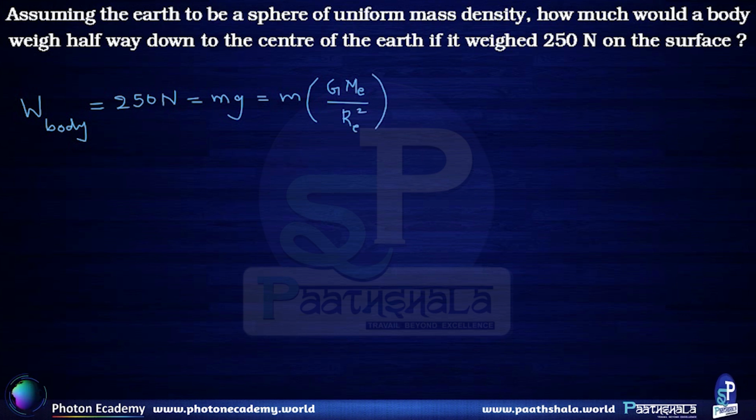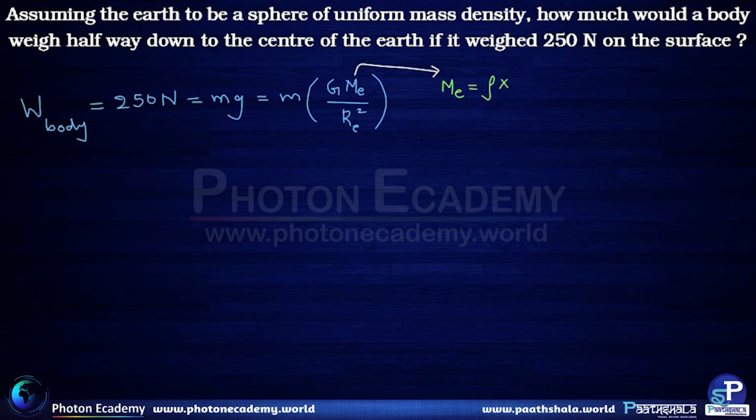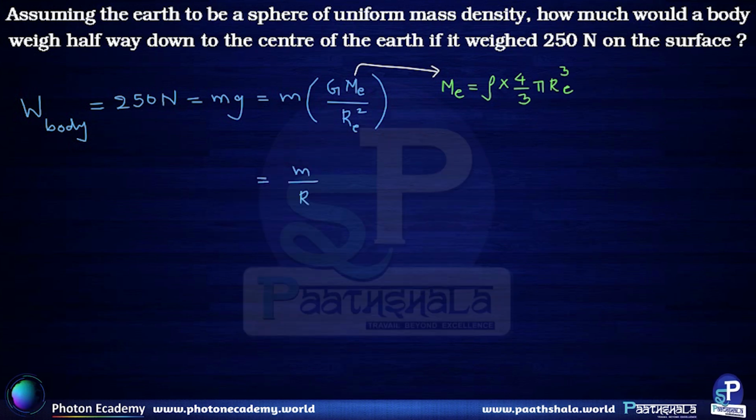Let's write the value of Me in terms of density. So Me will be equal to density times the volume, and the volume of the sphere could be written as 4 by 3 pi r cubed. If we substitute back, we are going to get m by Re squared G into rho times 4 by 3 pi Re cubed.